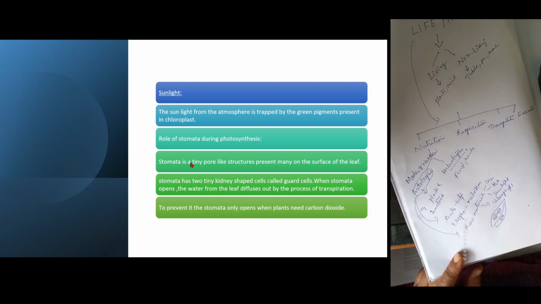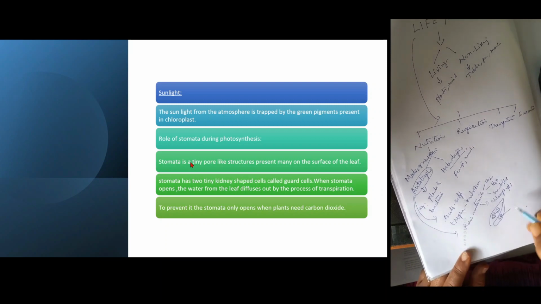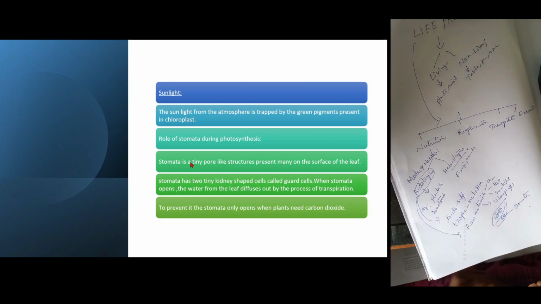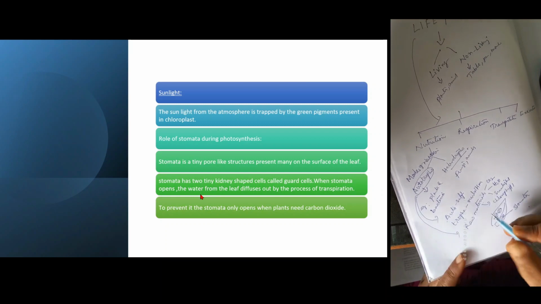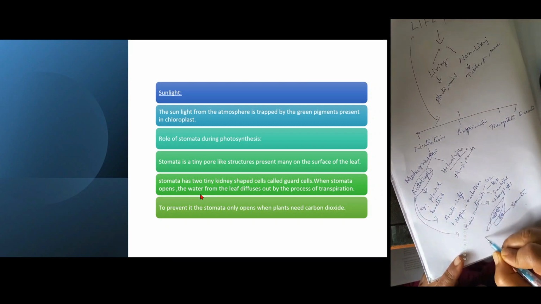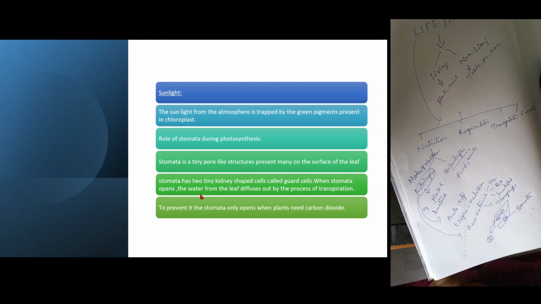The small pores present on the leaf are called stomata. If you look at the stomata, it has two kidney-shaped cells. These kidney-shaped cells are called guard cells.